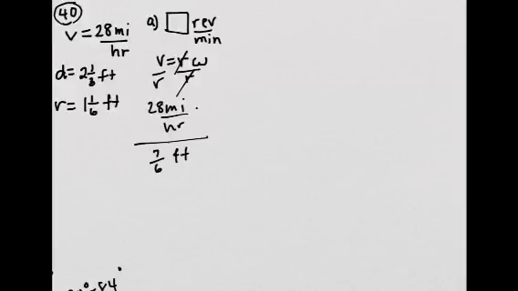So I'm going to convert miles to feet. So 1 mile is 5,280 feet, and that'll cancel mile, and then cancel feet too, and then 1 hour is 60 minutes, and that'll cancel hour.